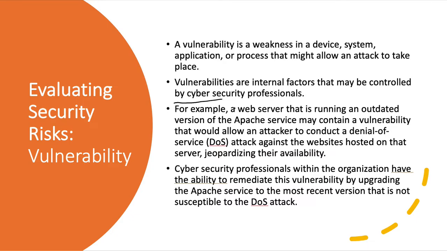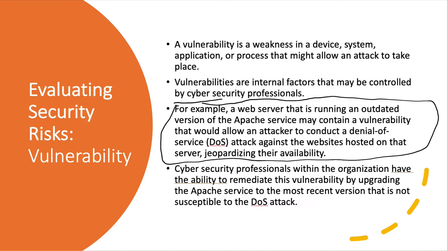If I give you an example from the cybersecurity domain, let's say there is a vulnerability on a server, and using that Apache service vulnerability, an attacker can initiate a DOS attack on your server, which will make that server unavailable and impact your organization's day-to-day activity.